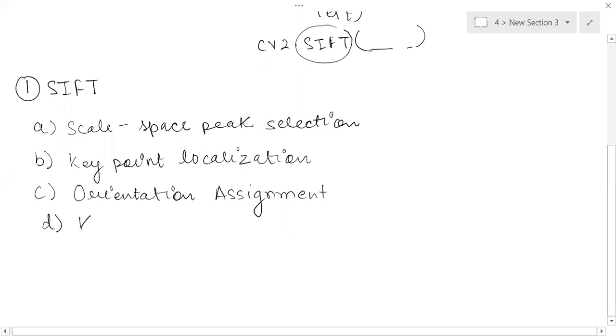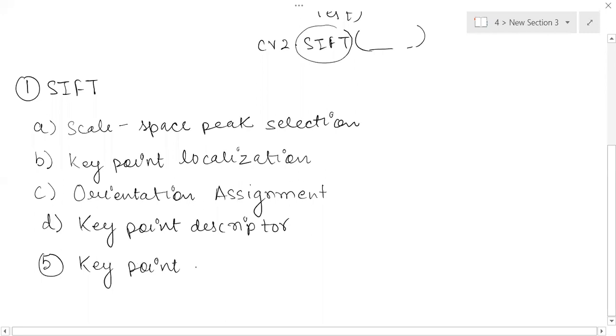Then key point descriptor. And the fifth one is key point matching. In these steps, step number 2 and step number 4 can be used simultaneously.